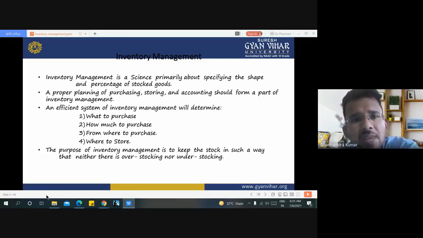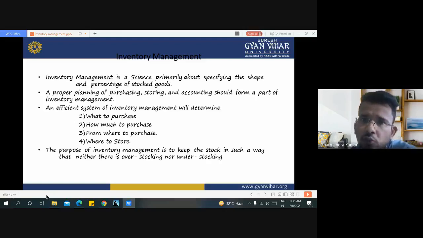Inventory management is a science about specifying the shape and percentage of a stock's goods. By applying inventory management, we can predict how much raw material is needed and how many spare parts, raw material, and machines we are going to need in the near future for the production according to our estimation.